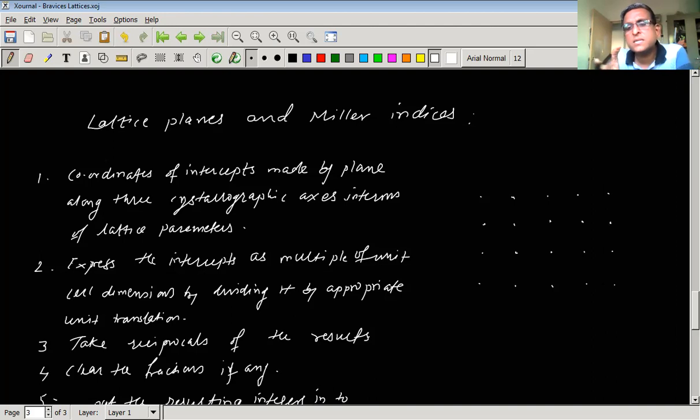As far as this is concerned, it is a two-dimensional lattice, and here we can think of this horizontal plane.